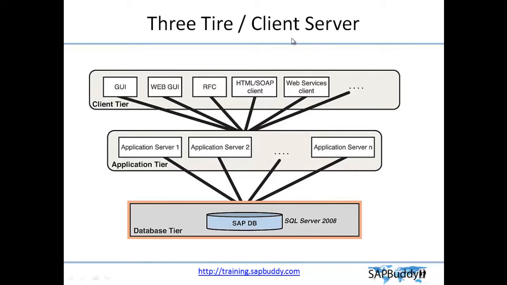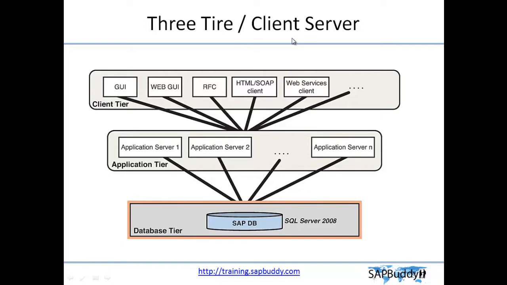Now let's see what client server is. To understand the client server technology, it's quite simple. We need to have one server which provides the resources to the clients. The clients could be multiple, where it could centrally execute a specific process.